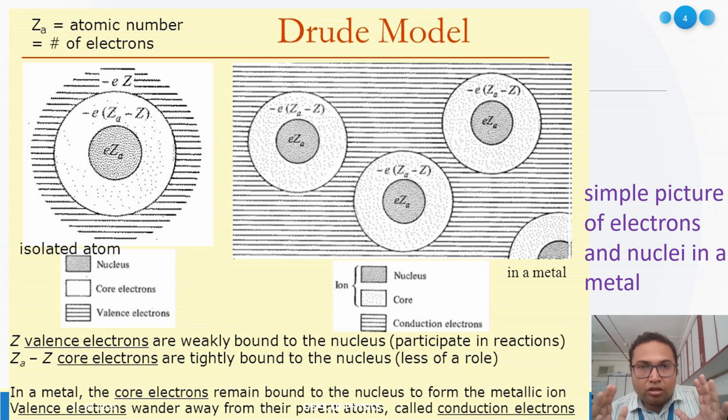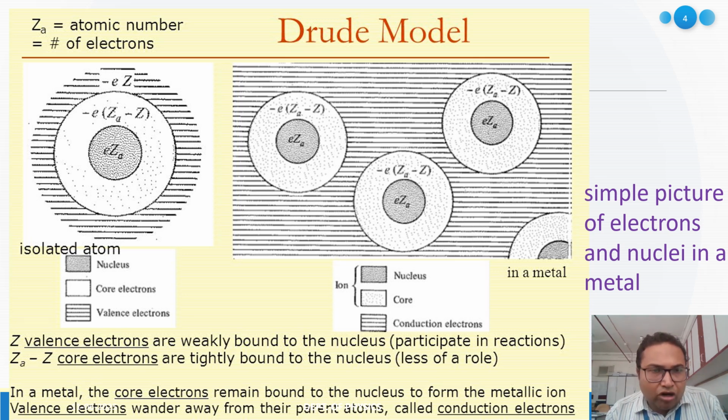Later, of course, with the advancement of science and different theories, now we know a very accurate picture. But remember, when Paul Drude proposed his theory, there was not much information about what an atom looks like, or what is inside it.